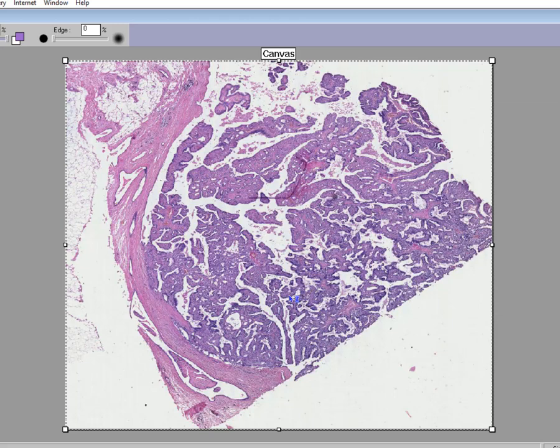In fact, what if I told you that this whole circular thing is a large duct? Now you can say, well, why would a breast duct be so large? Well, maybe there's something growing inside of it that has dilated it.